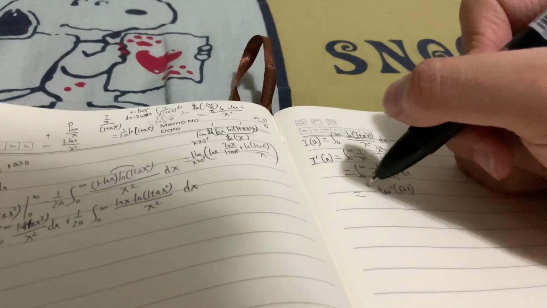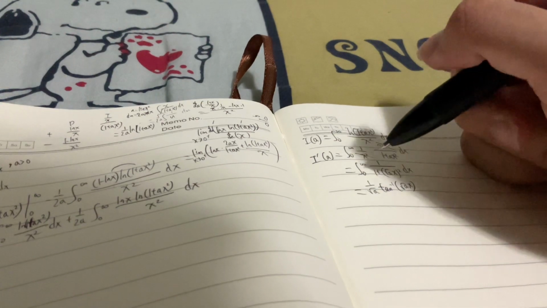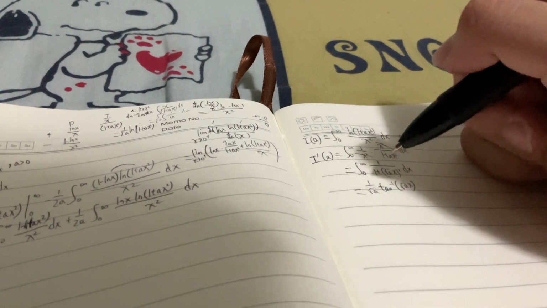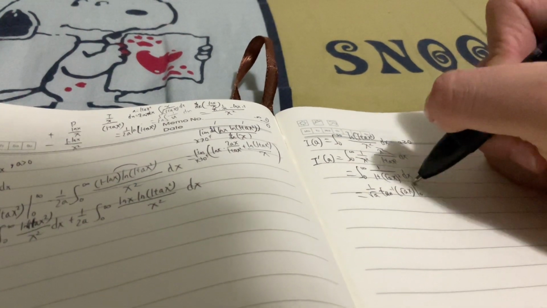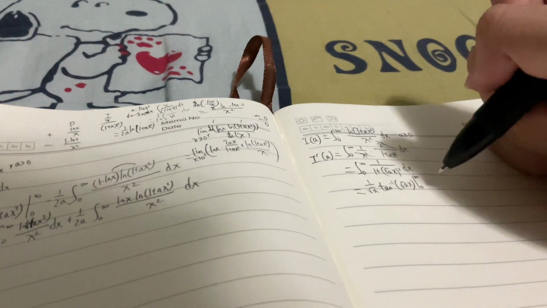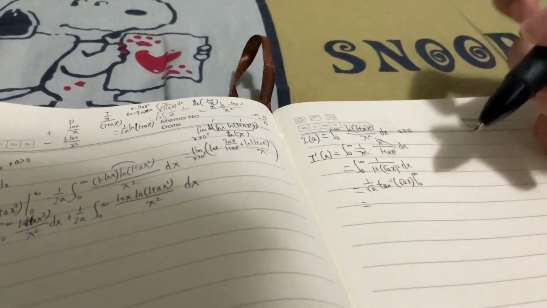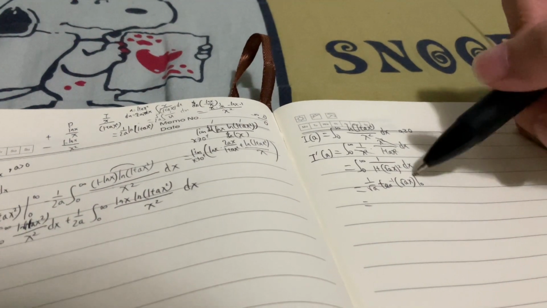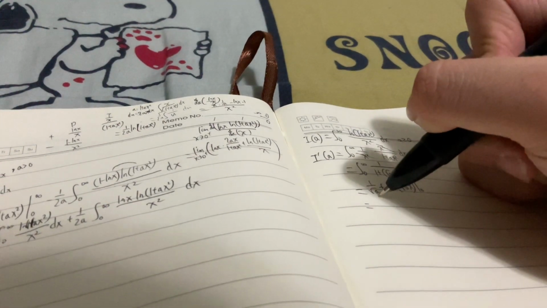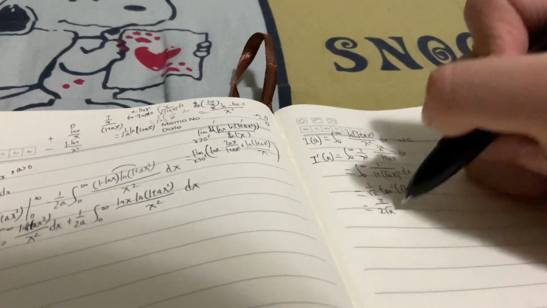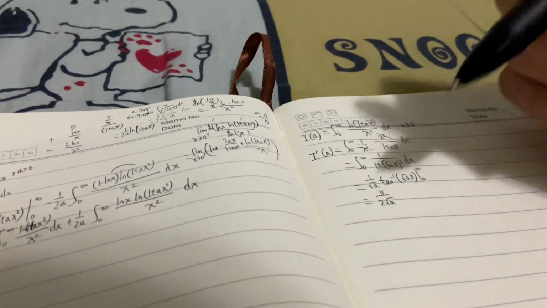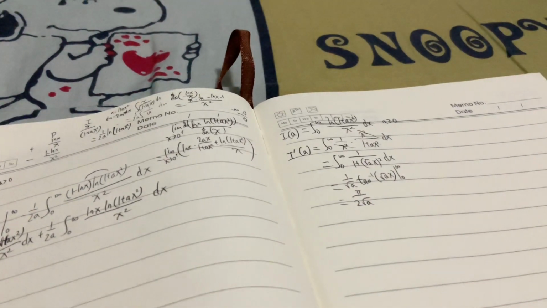And then don't forget to divide by square root of a. And then evaluating from 0 to infinity. To infinity, you get pi over 2, right? So far you get pi over 2 times square root of a. Then plus 0 is just 0, so you just get this.